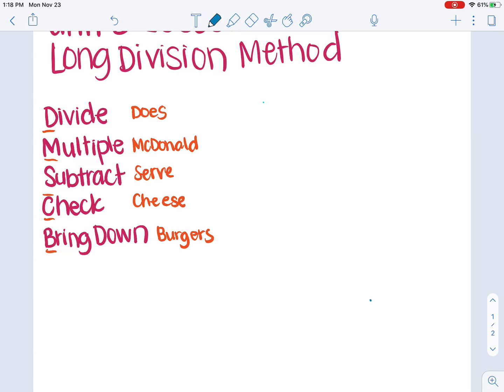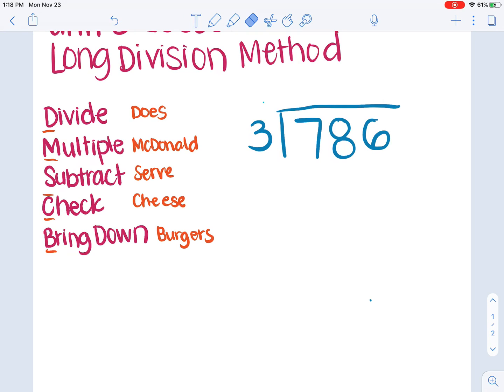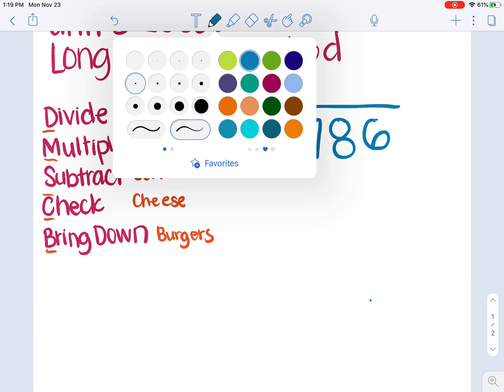So let's do 786 divided by 3. 786 divided by 3. Let's walk through our steps. Does McDonald's serve cheeseburgers? Or divide, multiply, subtract, check, bring down.